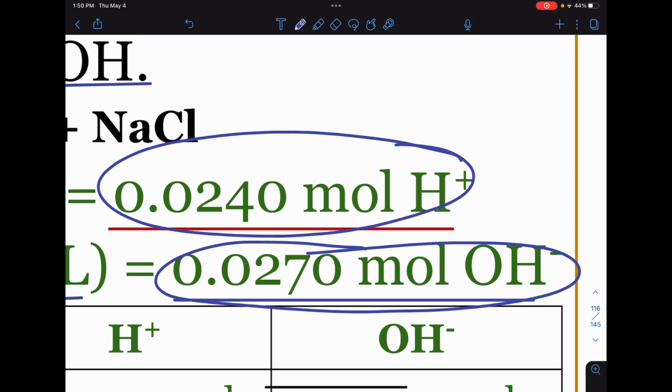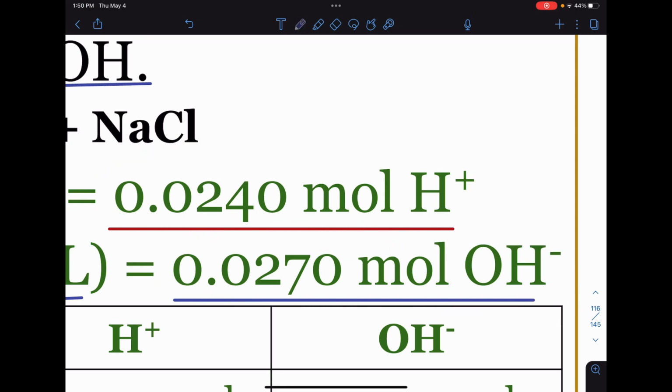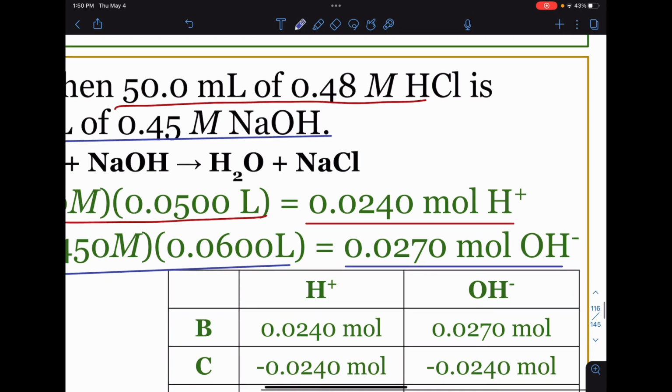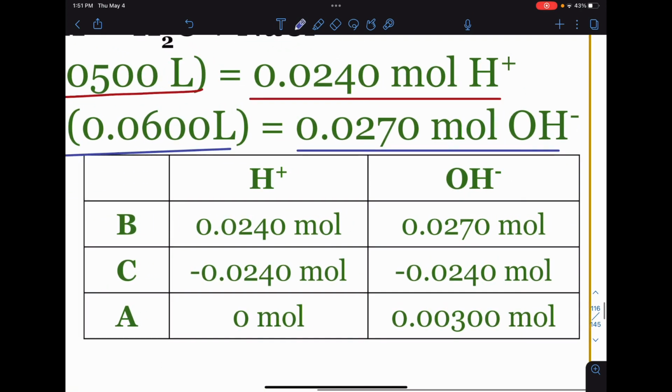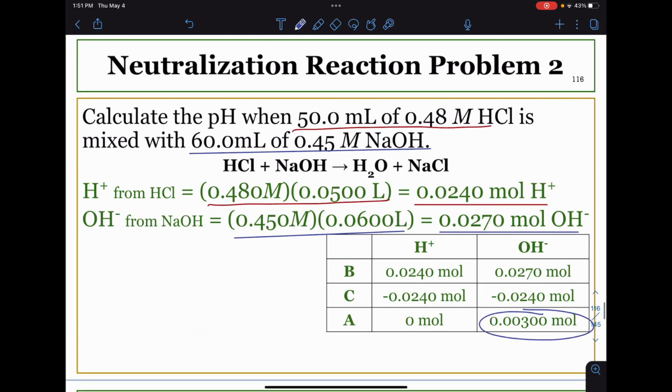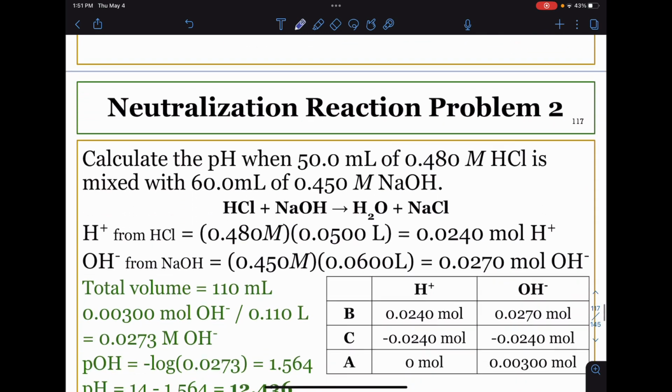And we're going to have some hydroxide ions left over. You don't have to write out the BCA or before change after chart, but it's a good visualization. Really, all you need to do is subtract the two and realize that we have 0.003 moles of hydroxide left over. From there, we need to find the molarity.